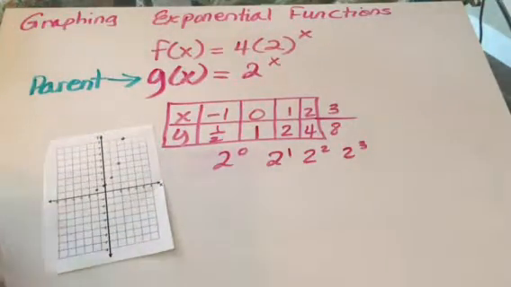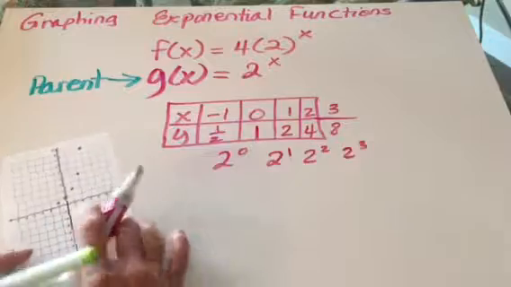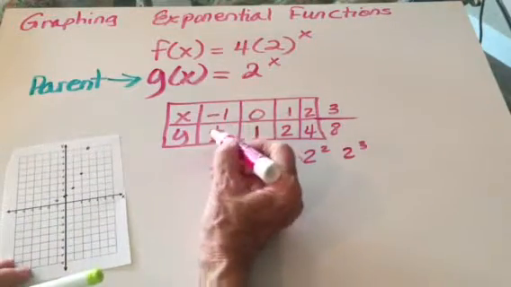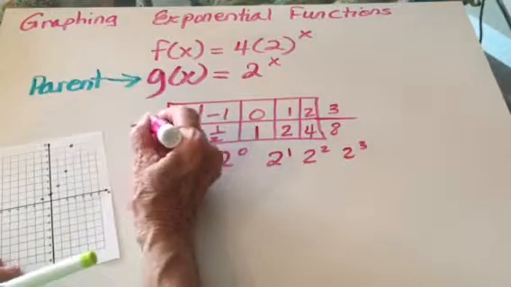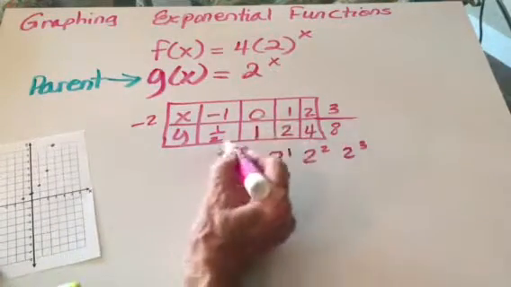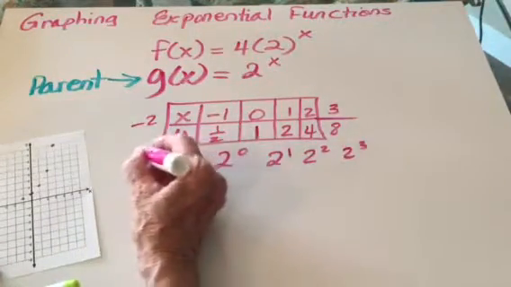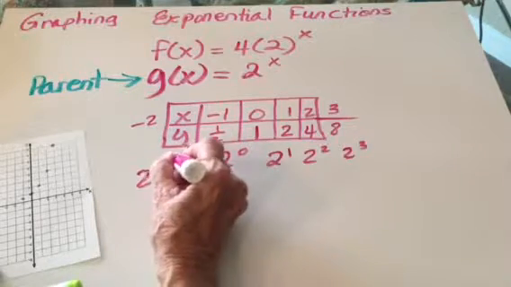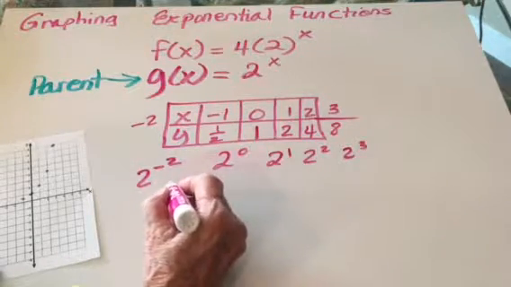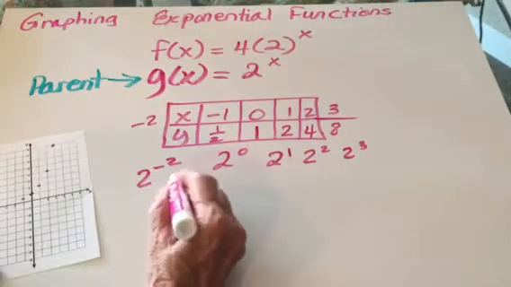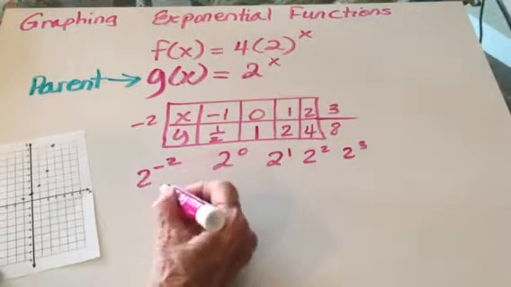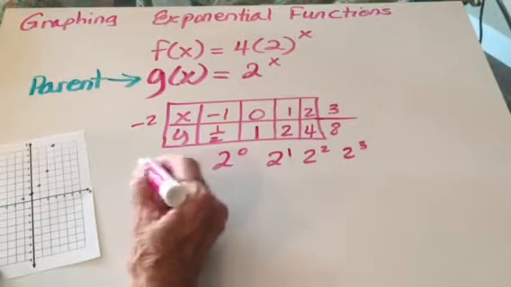So, by the way, if I had gone farther this way, what if I had said -2? If x is -2, then 2 to the -2 means 1/4, because it means that you flip this upside down.